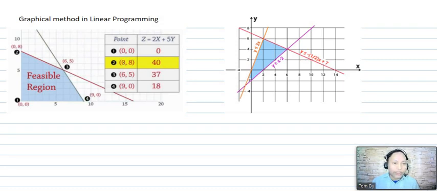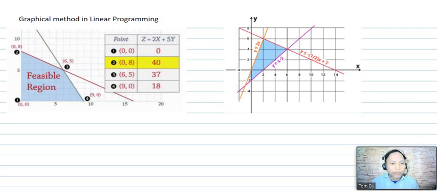And then these points will be substituted to our equation from the objective functions. So in this case, if our objective function is z equals 2x plus 5y, then we substitute the value of x as 0, and then y as 0 also.